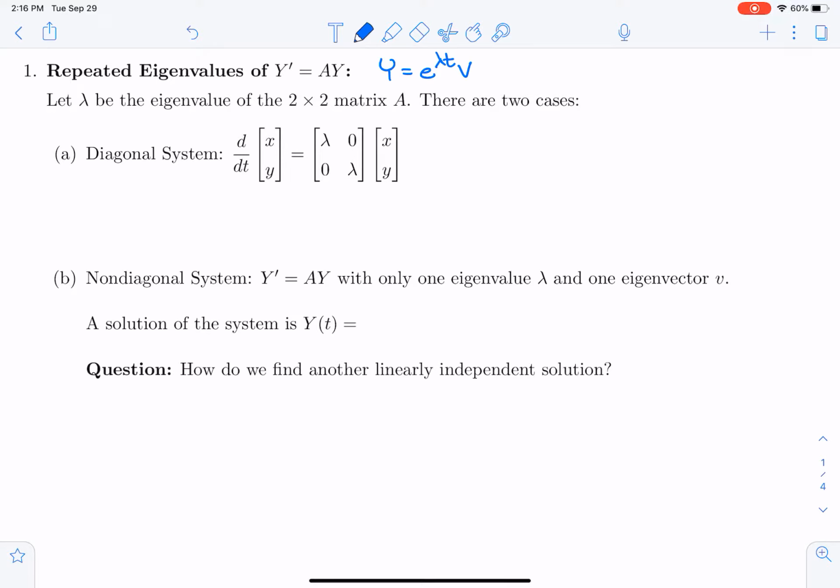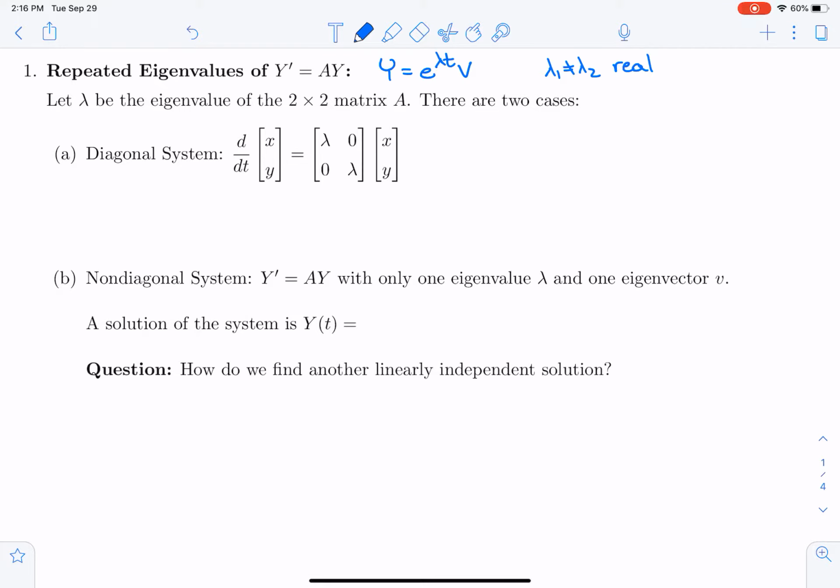We looked at lambda 1 and lambda 2 being real eigenvalues that are distinct. That gave us two solutions of this form, y equals e to the lambda t v.